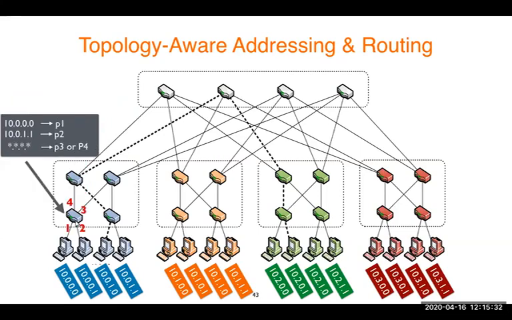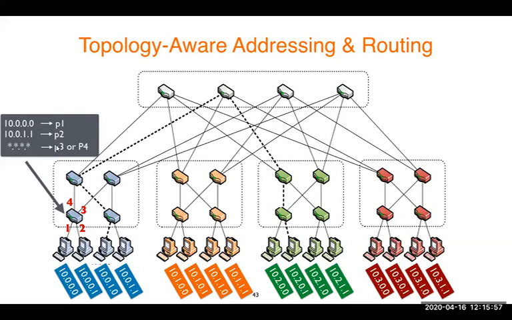If I look at a switch at the next level, again, 10.0.0.0 is port 1. Sorry, I got that wrong. It should have been 10.0.0.1 is port 2, and anything else is port 3 or port 4. So what have I done effectively? I knew the topology. I knew how I assigned addresses.